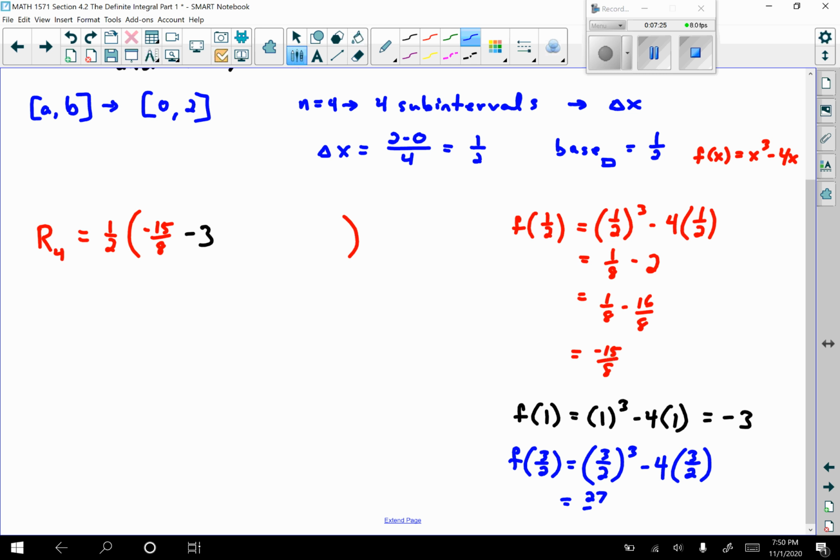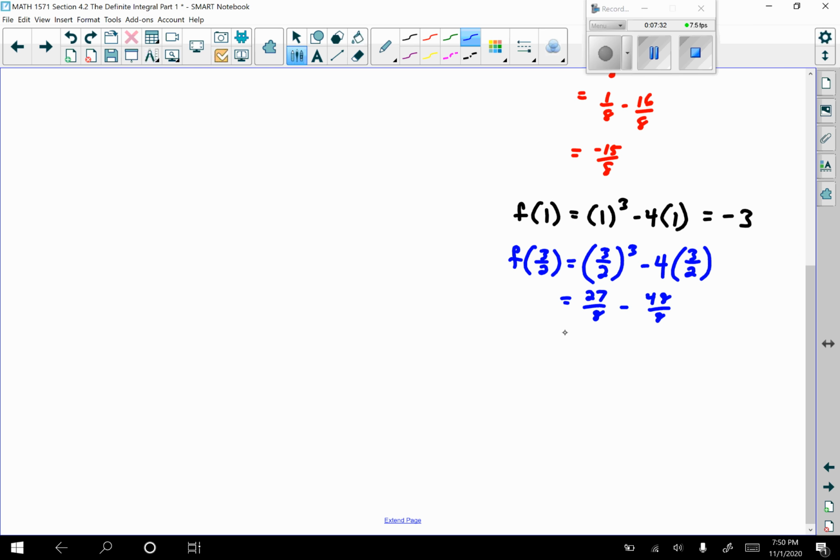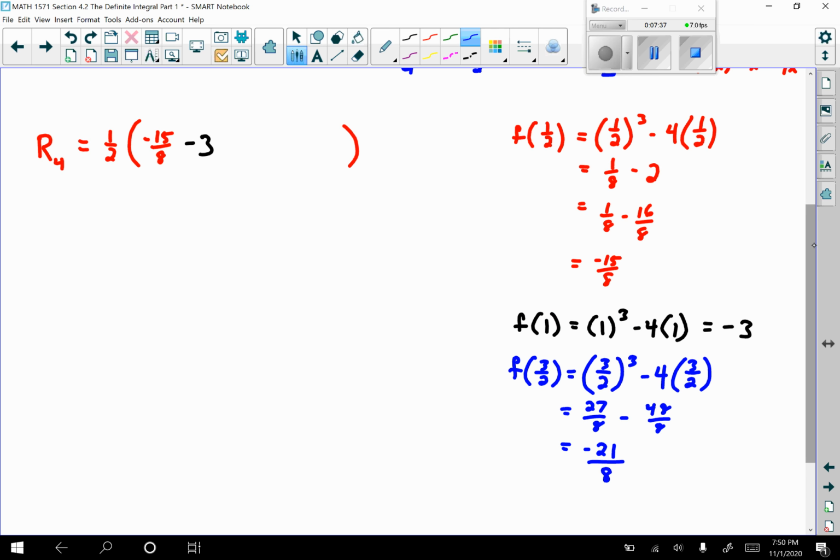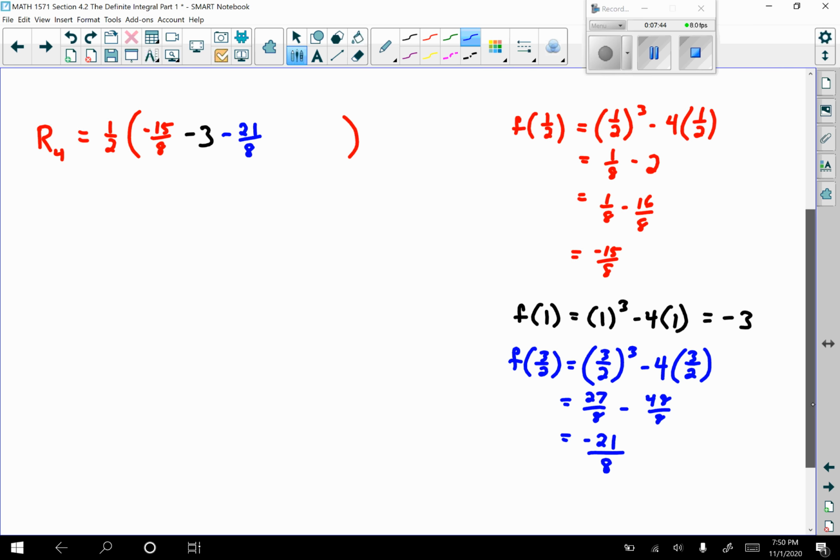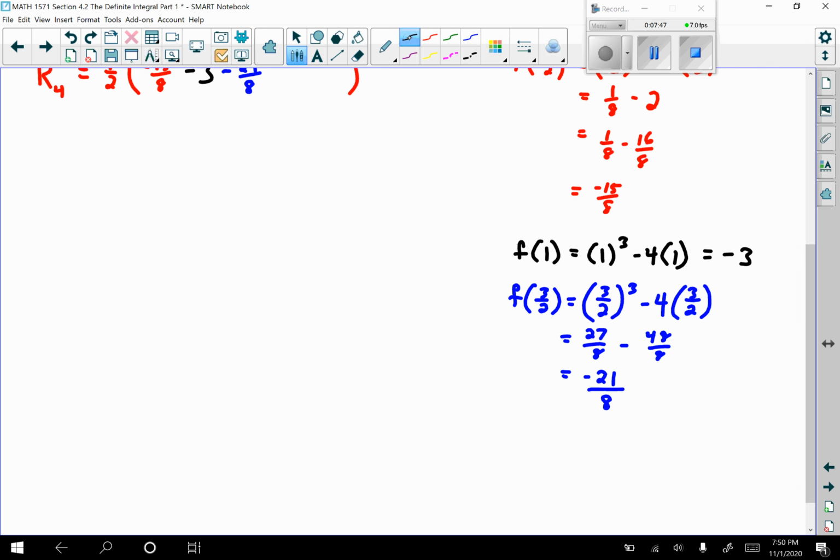That gives us 27/8 minus 6, so we could say 48/8, and then this gives us negative 21/8. I'll explain why these are coming out negative. And then we have f of 2. This becomes 2 cubed minus 4 times 2, which gives us 0.